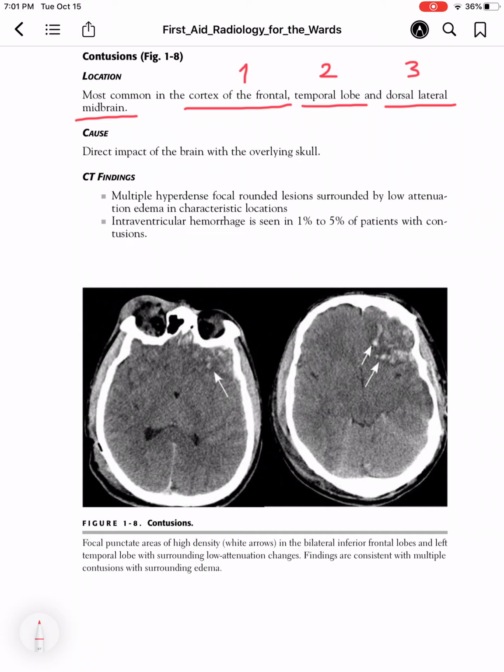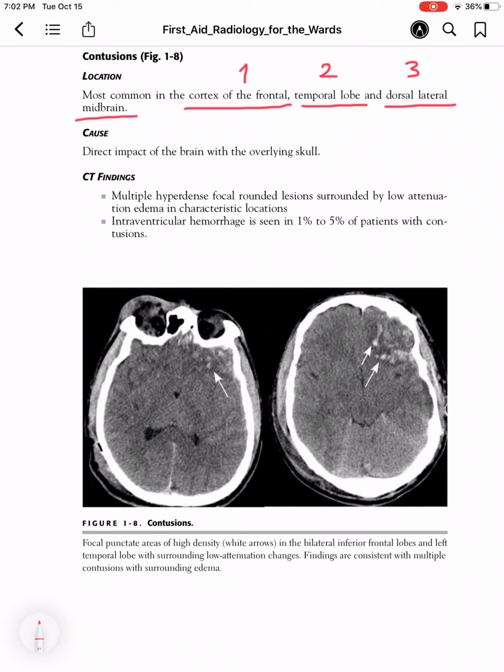Anyway, what is the cause of contusions? This is direct impact of the brain with the overlying skull. So basically, it's not the hit itself causing the contusion, but what the skull does to your brain.